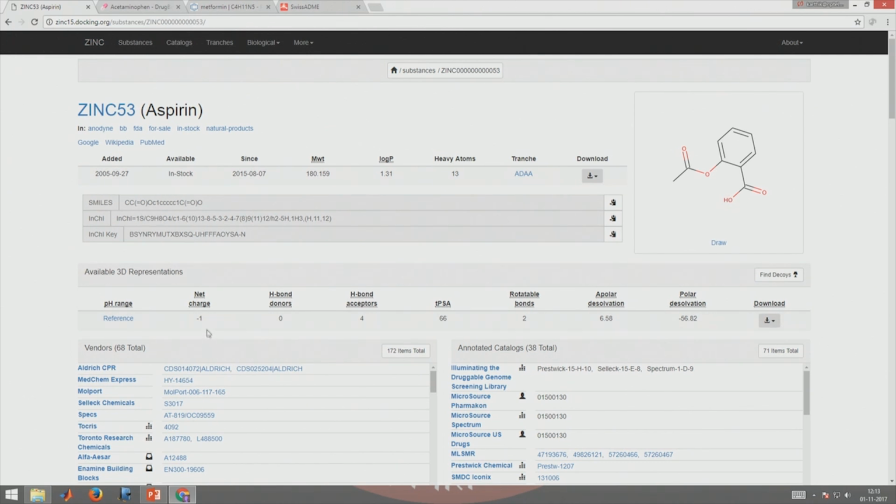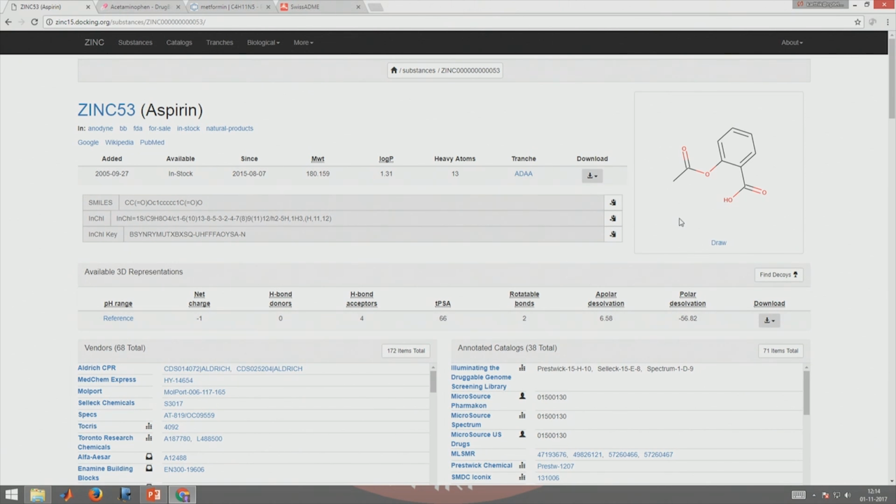Now, as you can see, some properties are given: net charge, hydrogen bond donors, that means does it have any donors like OH, NH. But this OH is not considered as a donor because generally it dissociates into O minus and H plus. Hydrogen bond acceptors, it has got 1, 2, 3, 4. Total polar surface area is contributed by the oxygens and nitrogens.